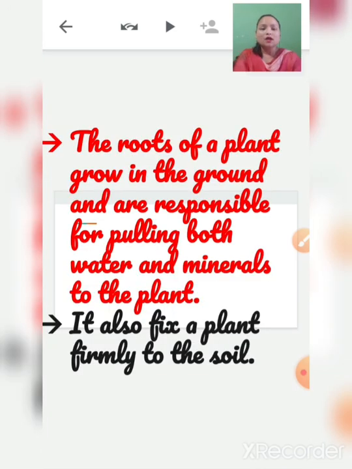Now the roots of a plant grow in the ground and are responsible for pulling both water and minerals to the plant. What is the work of root? As I have told you, different parts of a plant work differently.